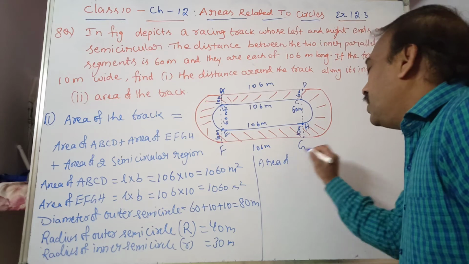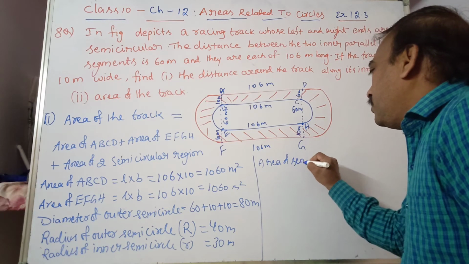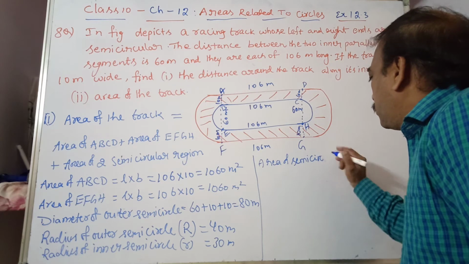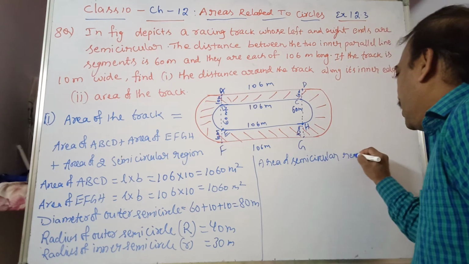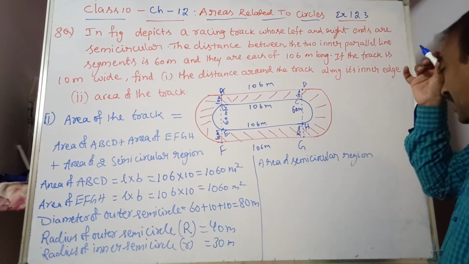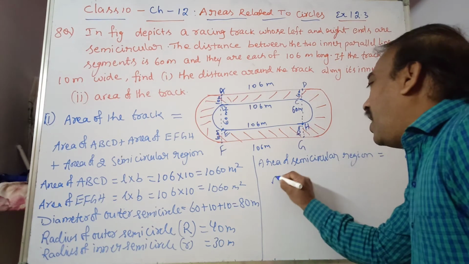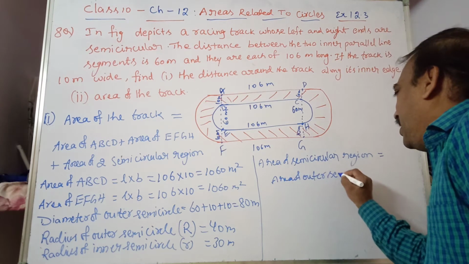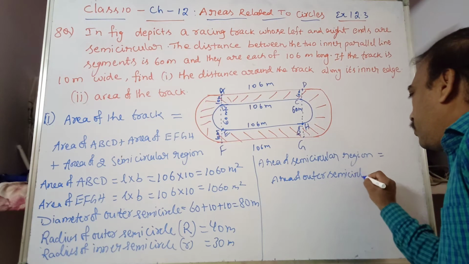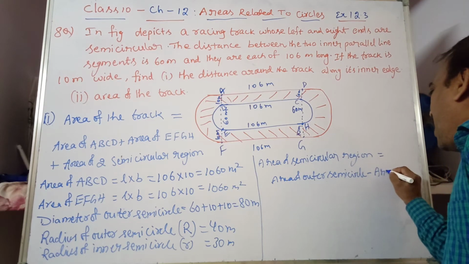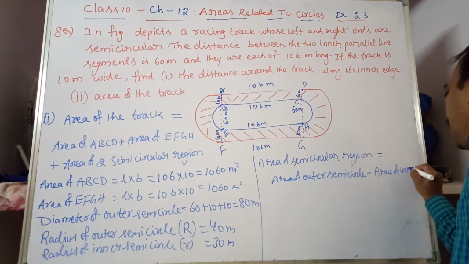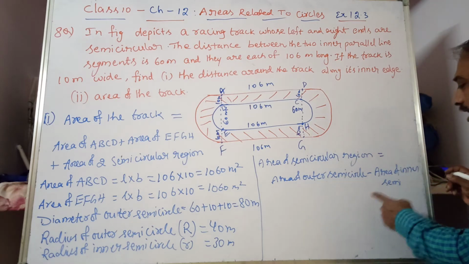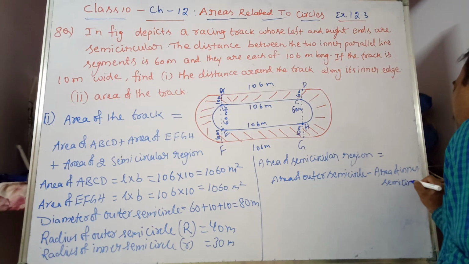So area of semicircular region is equal to area of outer semicircle minus area of inner semicircle.